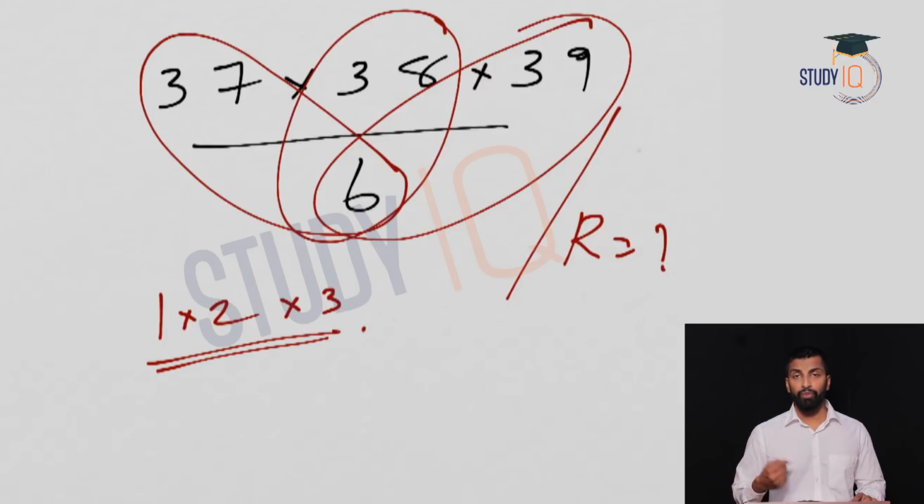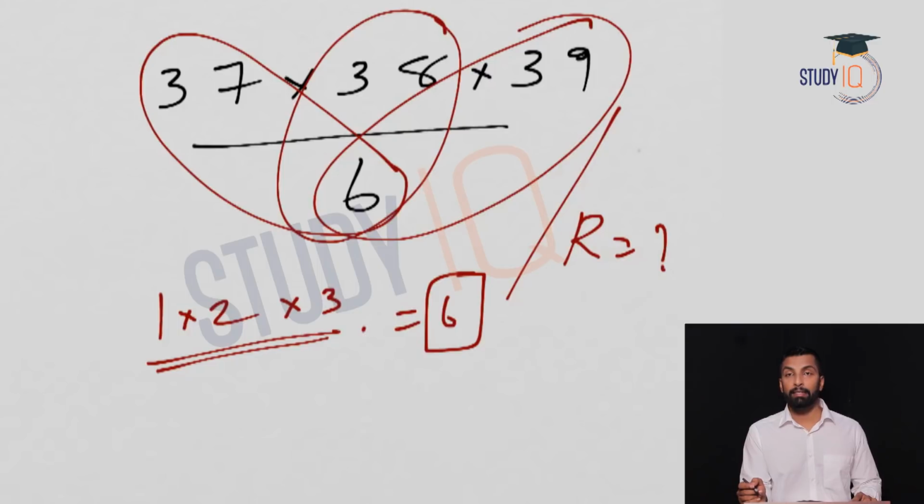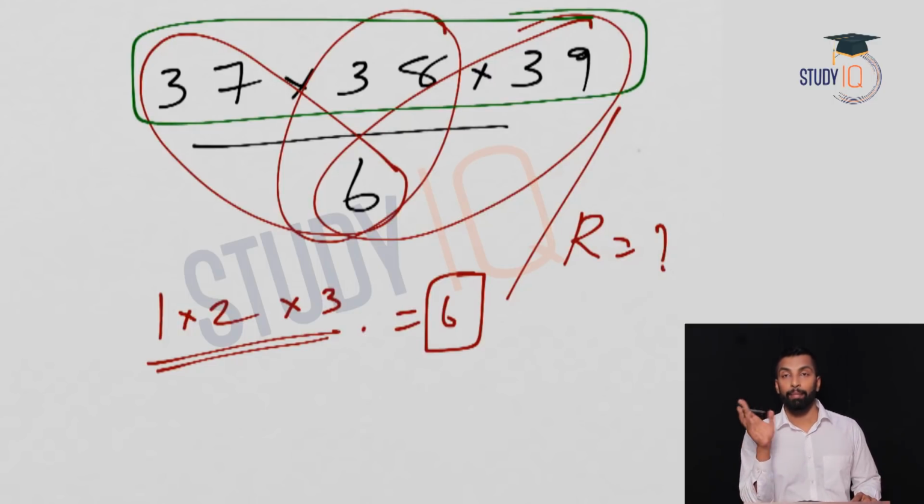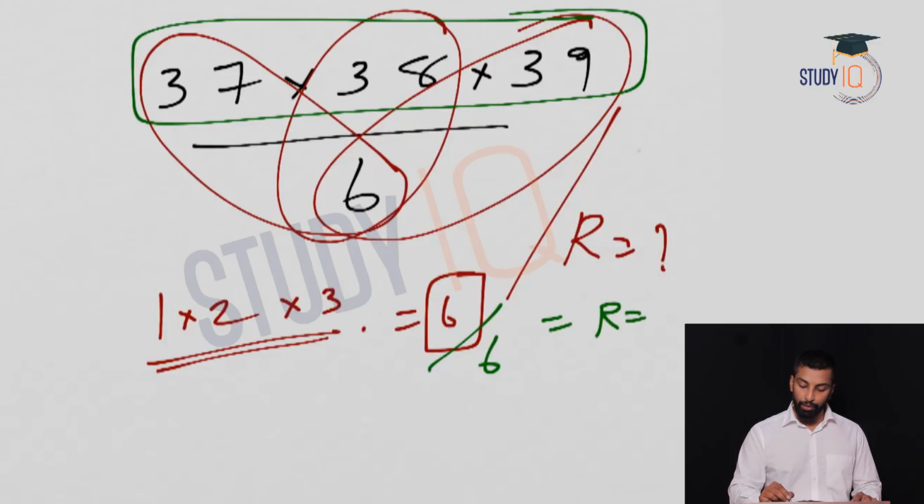When you take the product, you get 6. What does this mean? You are getting the divisor as the product of individual remainders, which means the given numerator is divisible by 6 and there is no remainder. Further you can divide by 6, so obviously the remainder is equal to 0. I hope you understood this.